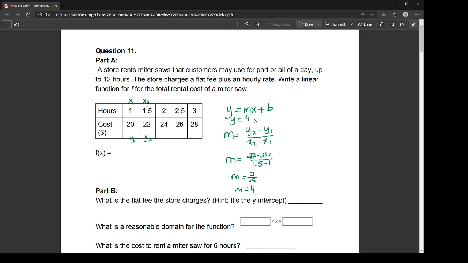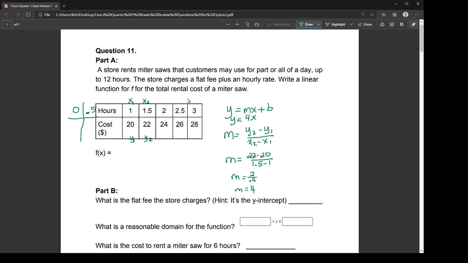Then we need to find our y-intercept. Our y-intercept is our value when our x value is 0. So I need to go backwards on this table. I'm going to extend the table this way, and we'll pretend that hours and cost isn't written in there. Here we're counting by 0.5. If I'm going backwards by 0.5 every time, from 1 I would go to 0.5, and then from 0.5 I would go to 0.